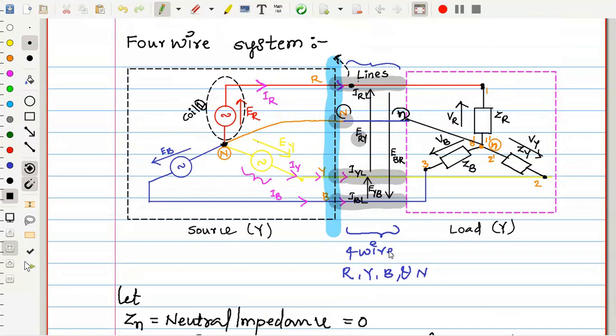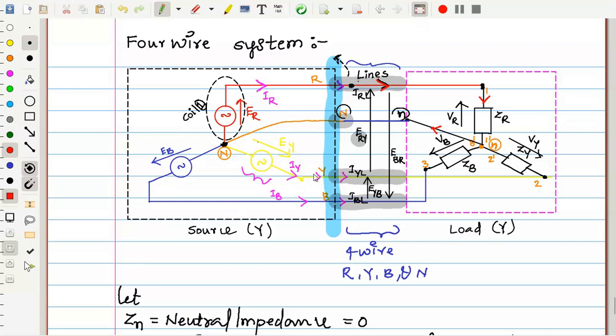One simple observation you should make here is that the R phase current is flowing in this way, and it is passing through the R phase load. Then where does it go? It reaches the common terminal, and it is coming back to the source through the neutral.